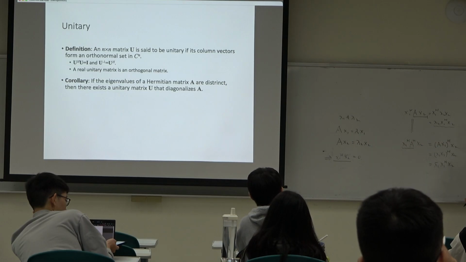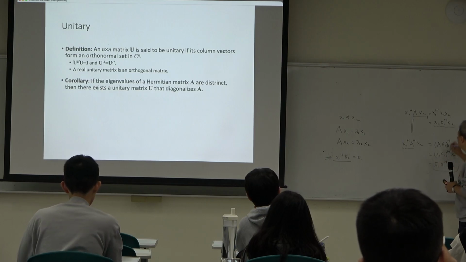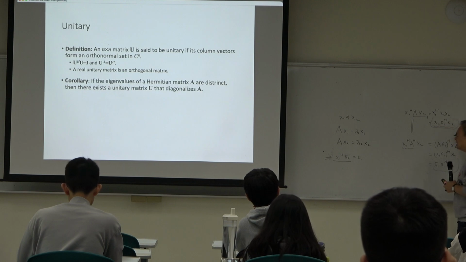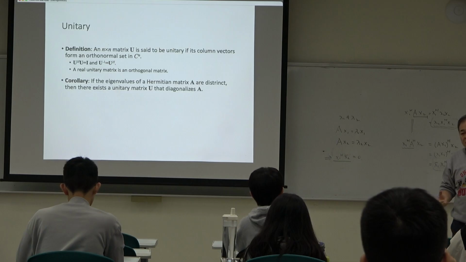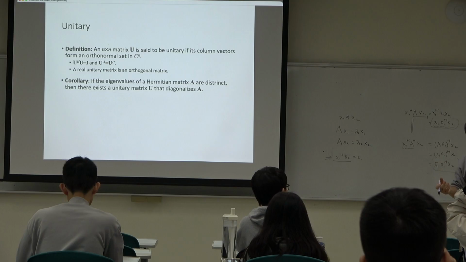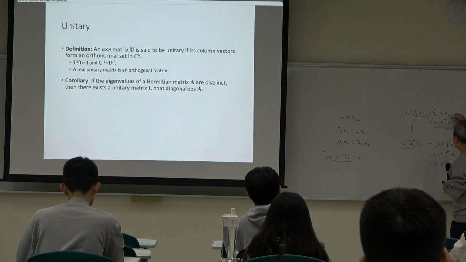There's a small question. Is this one equal to this one? Because x1, x2 is an inner product, right? Okay, so lambda 1 equals... this part is not zero, and this part is greater or equal to 0 according to the inner product.